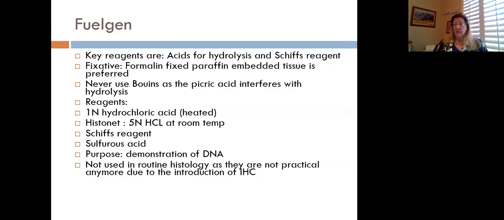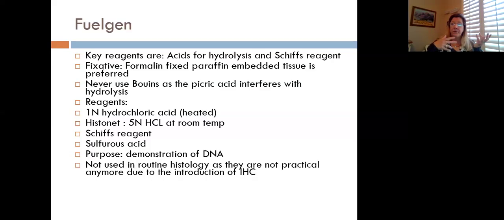Then we have what's called the Feulgen. The Feulgen, that's a German man. So it's Feulgen. Its key reagents are acids that are used to hydrolyze the tissue, and Schiff's reagent.